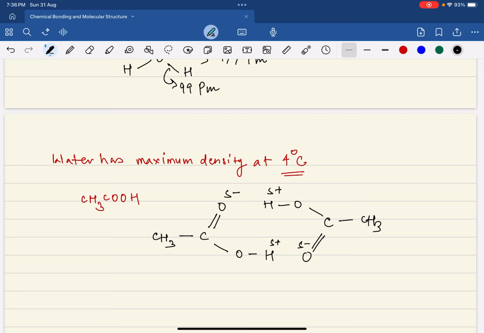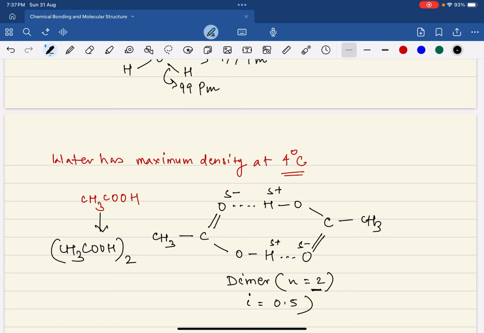The dimer is formed due to hydrogen bonding. So in dimer formation, the value of n equals 2, means the actual number of molecules in acetic acid is 2 moles. So, mass of acetic acid becomes double and Van't Hoff factor becomes 0.5.